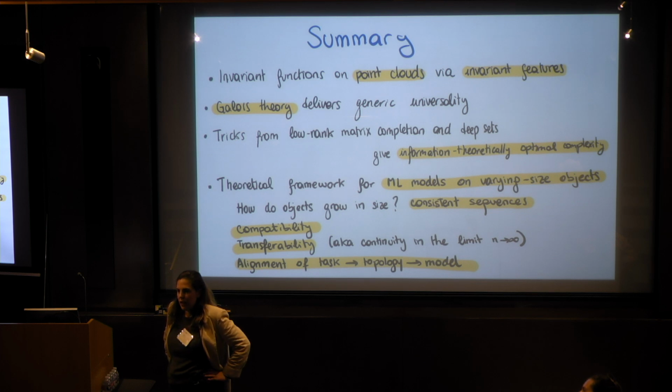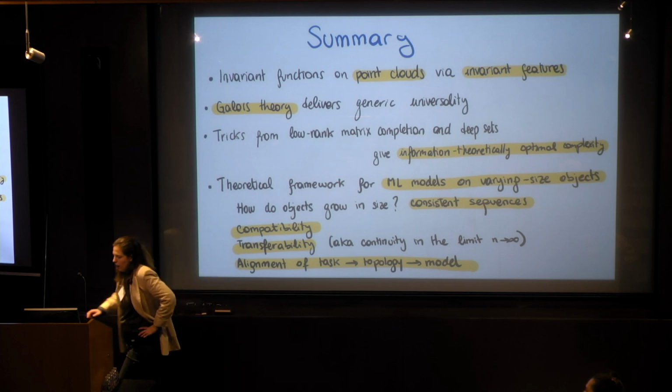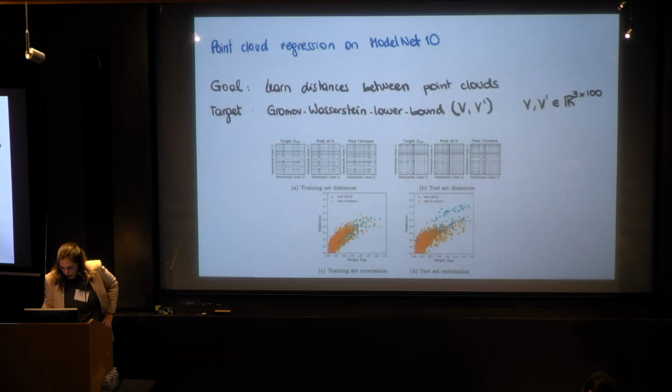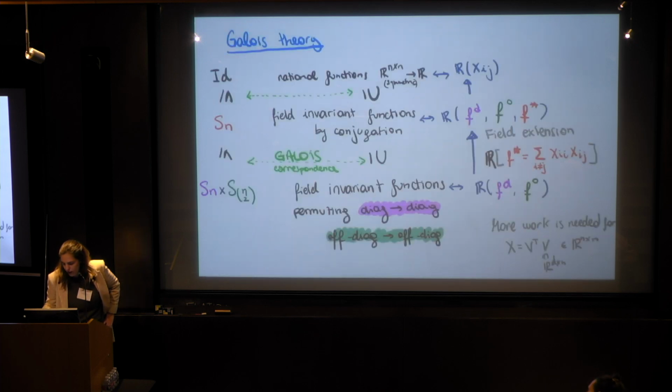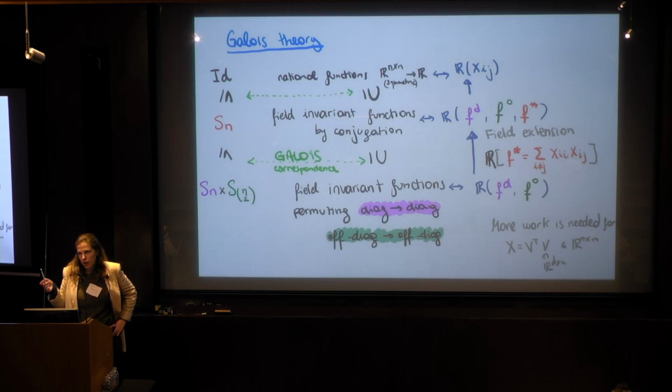For instance, in the case that I added here, this specific f star vanishes when the diagonal of the matrix is equal to 0. So if you have graphs that have no self loops, this is going to give you a bad set.